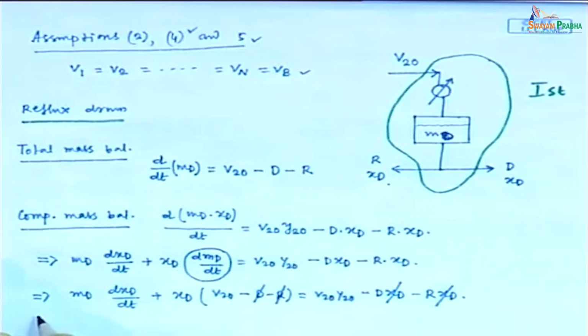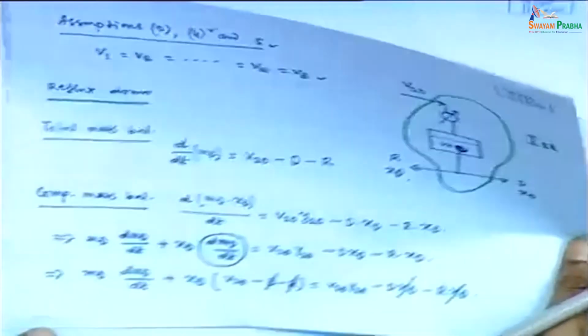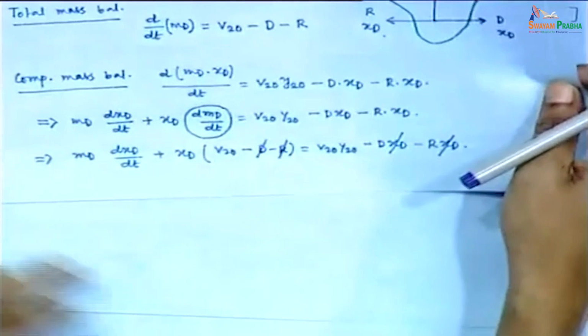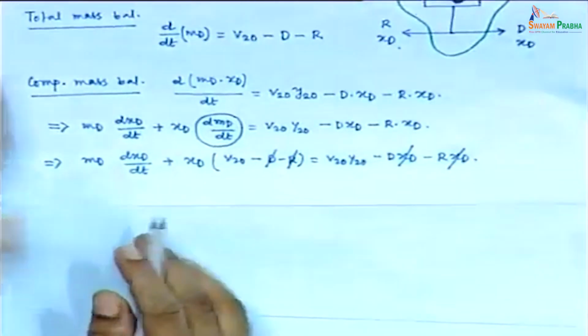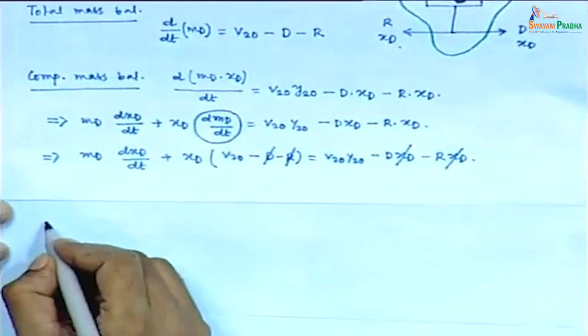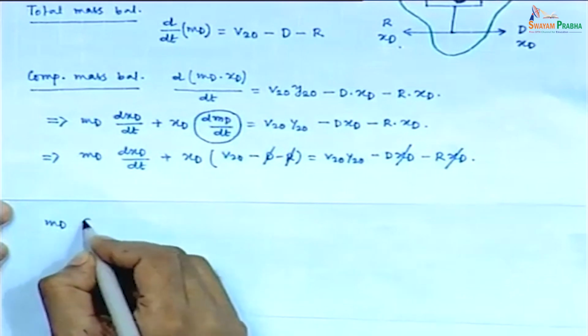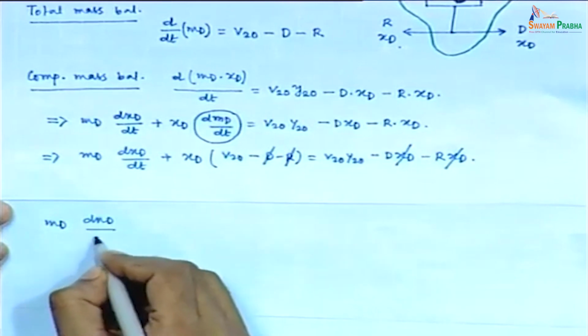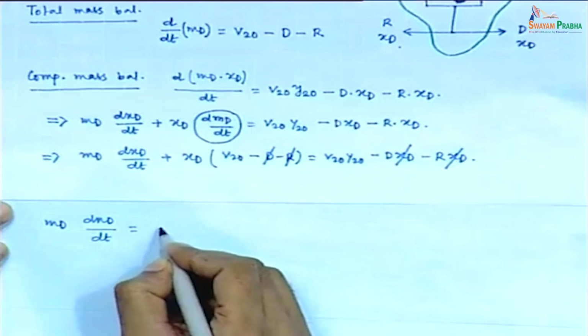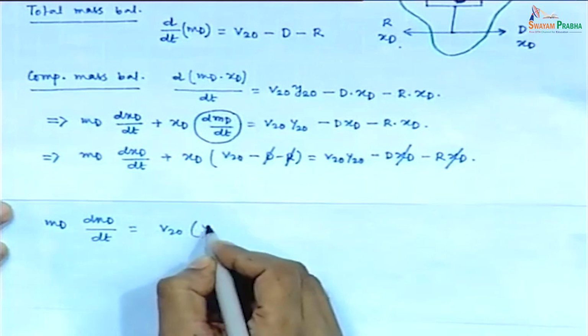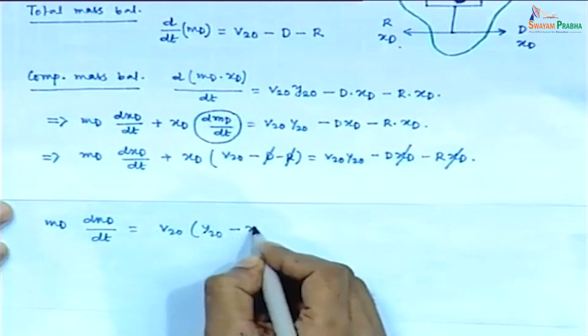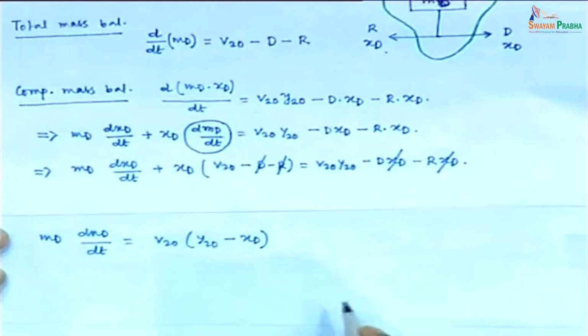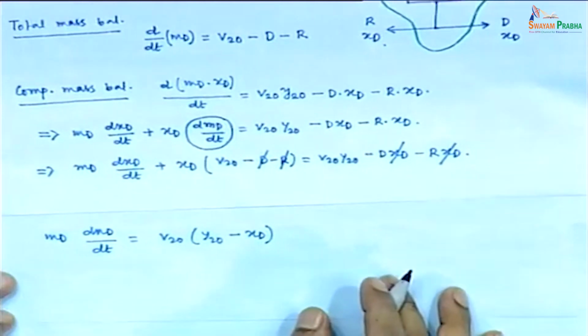So, what will be the final expression? The final expression will be MD dxD/dt equals V20 (Y20 minus xD). Fine.